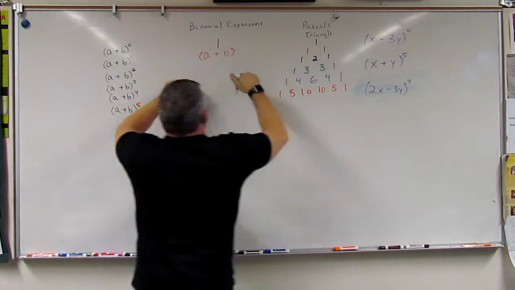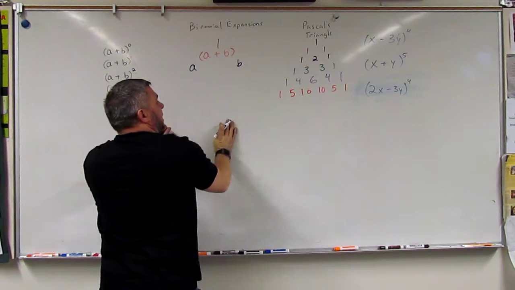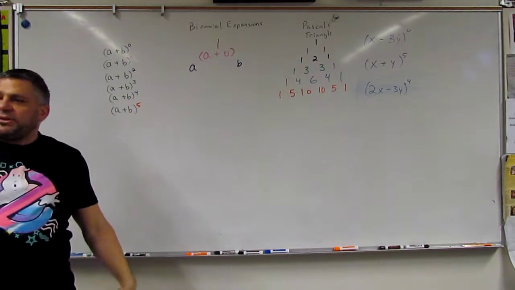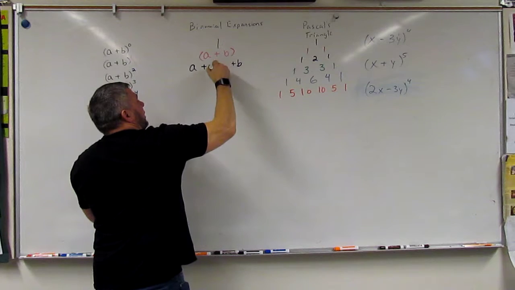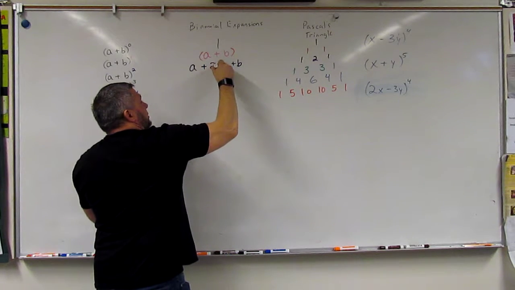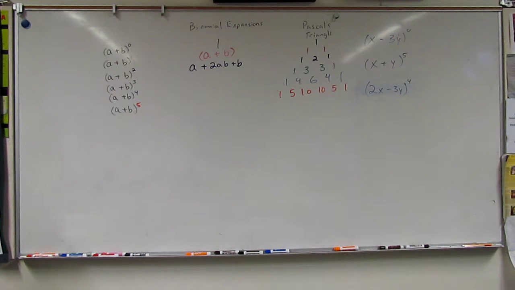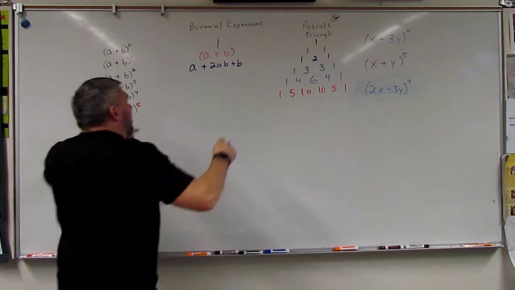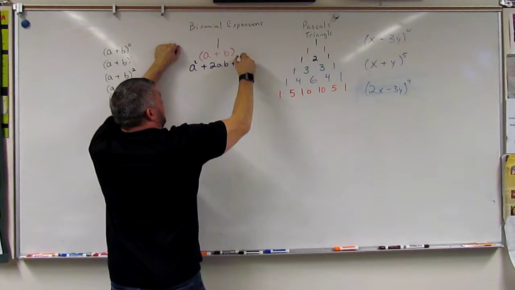Okay? Alright. And then in 2, when we square it, it's going to go 1 and then 2. So we're going to have an A, and we're going to have a B, but then we're going to have a plus 2AB. Okay? And so, what we have out here is going to be a square and b square.